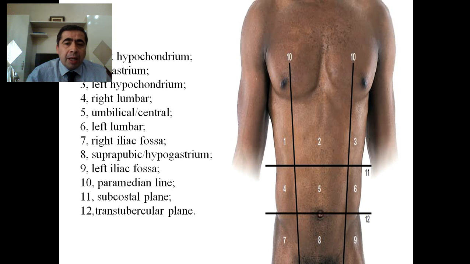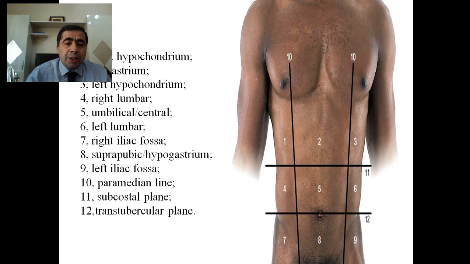In this picture, you are looking at special lines, or strictly speaking planes, especially the horizontal planes. They are defined here by the numbers 11 and 12. The 11 means the subcostal plane.